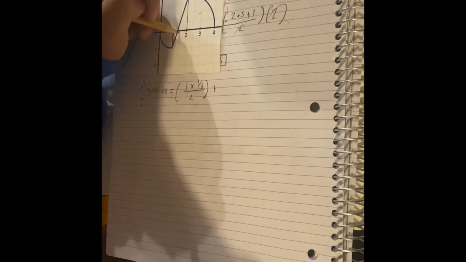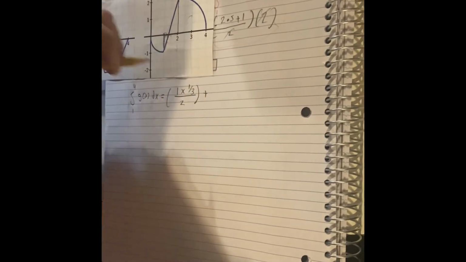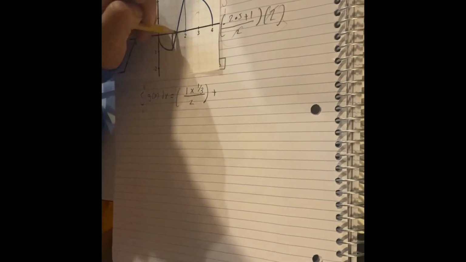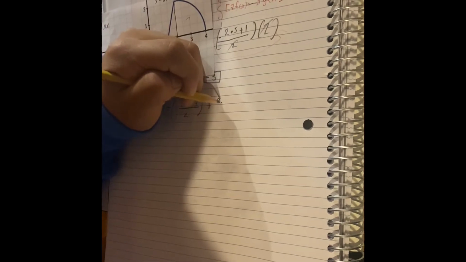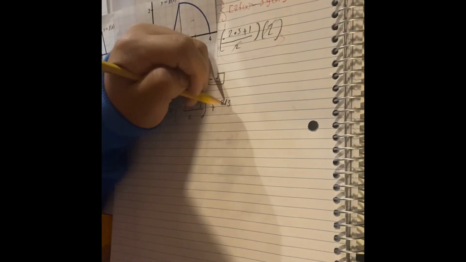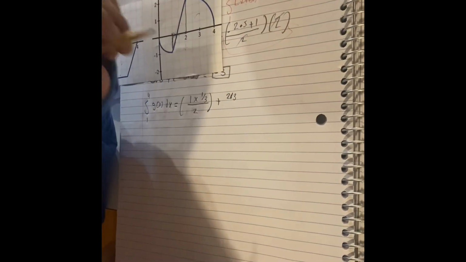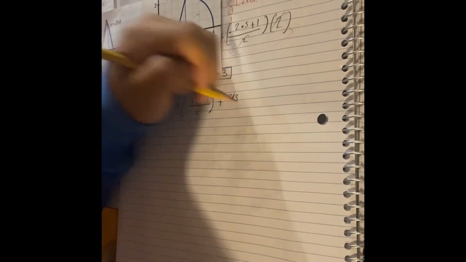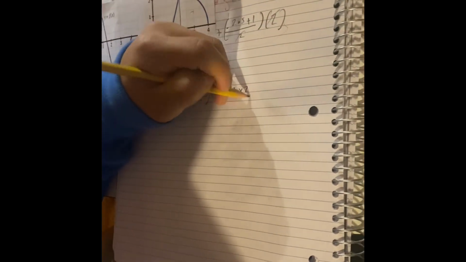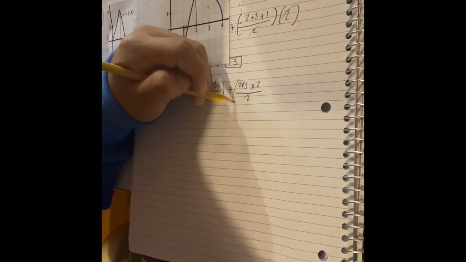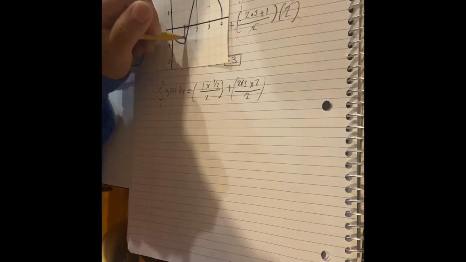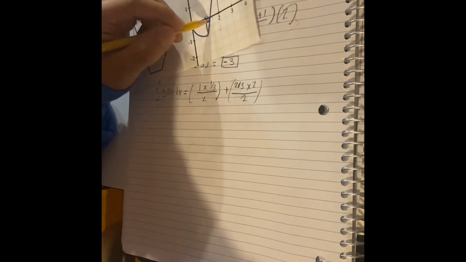So the base is gonna be 2/3, times the height, which is gonna be 2, divided by 2. I forgot to mention, but this small triangle, since it's below the x-axis, the area is gonna be negative.